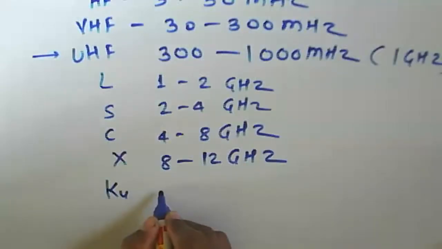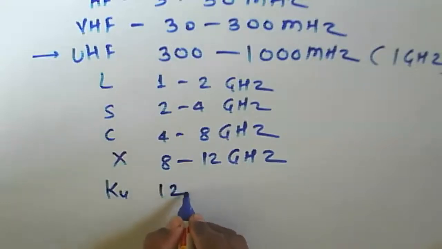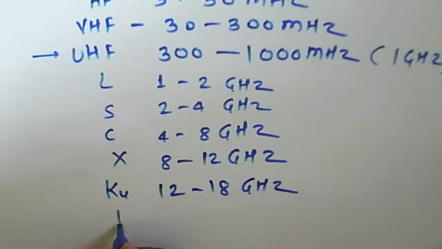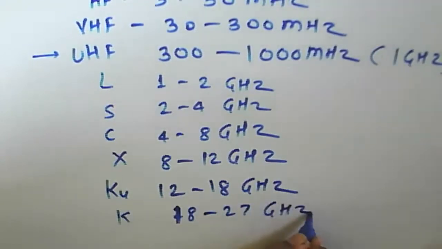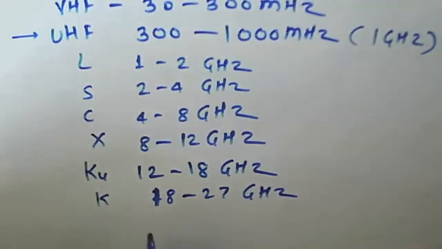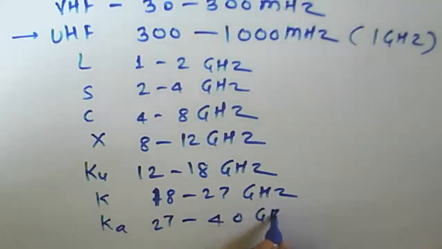Then the Ku band is 12 to 18 gigahertz. Then the K band is 18 to 27 gigahertz. I hope you people are able to see this. Then the Ka band is 27 to 40 gigahertz.